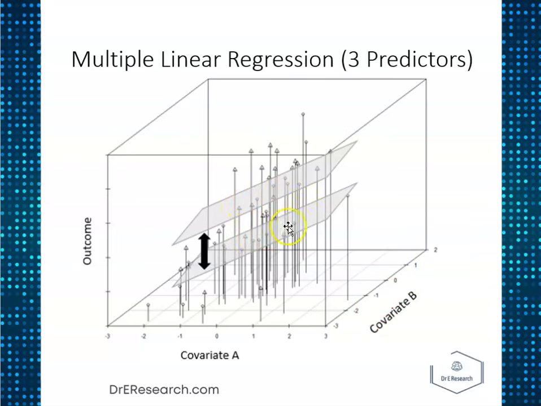That third binary predictor might be male or female, or it might be a treated group and a control group. In that particular case, you can imagine it as 2 planes being fit through the data: the male plane and the female plane. Okay, so all the males fall in this plane, the females in this plane. So you can kind of imagine it that way if the third variable is binary, or you could have 3 groups and have a third plane.